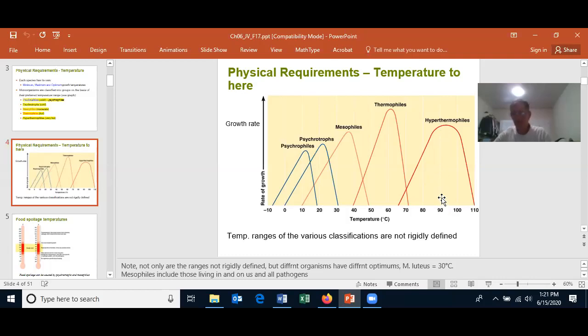So they're really elevated temperatures. Many, if not most of the hyperthermophiles are archaea. And of course, these organisms would not grow in us either because their enzymes as well as their membranes would freeze in us. All right, any question about that?